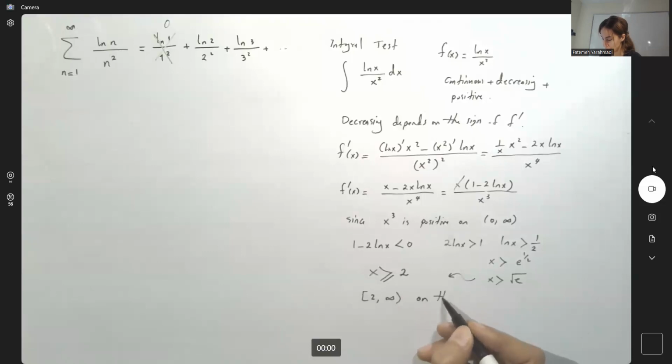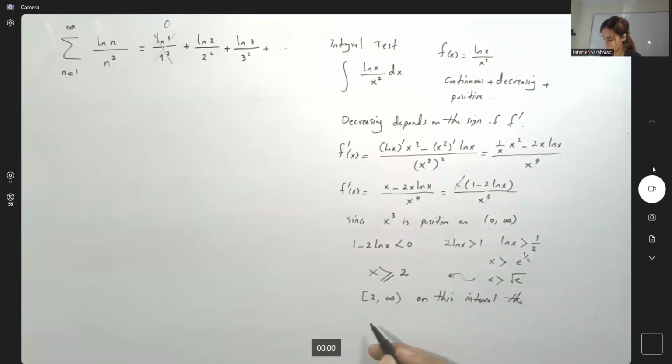On this interval, the function f of x, ln of x over x squared, is positive, definitely, plus continuous, plus decreasing. Perfect. All done.